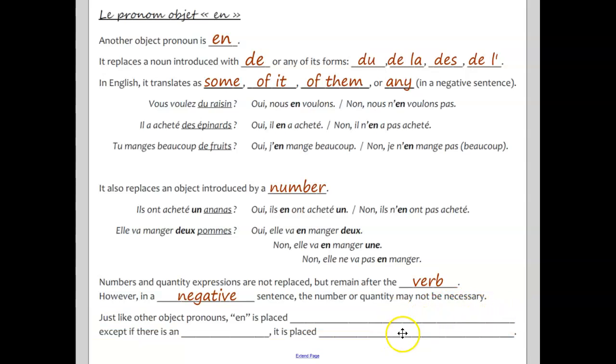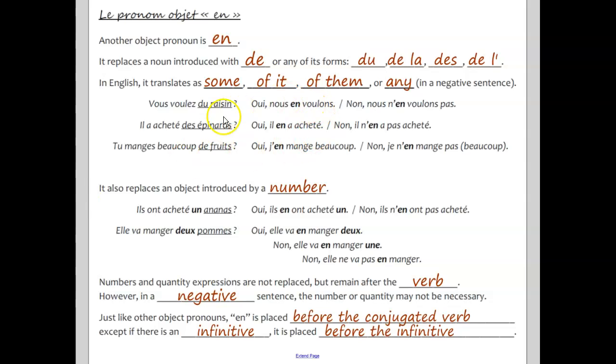Now, this is the part that you guys already know. Yay, we know something. Just like other object pronouns, "en" is placed before the conjugated verb, except if there is an infinitive, it is placed before the infinitive.